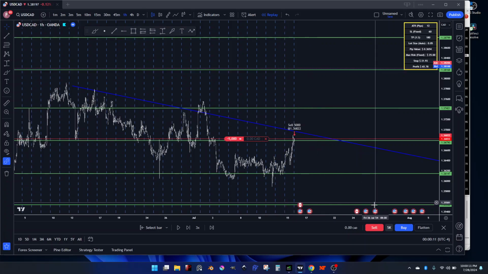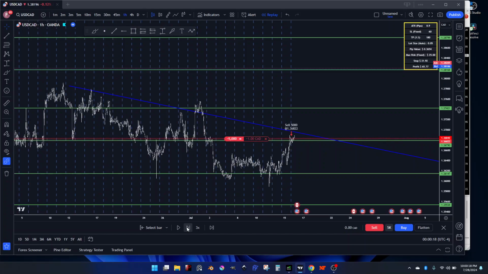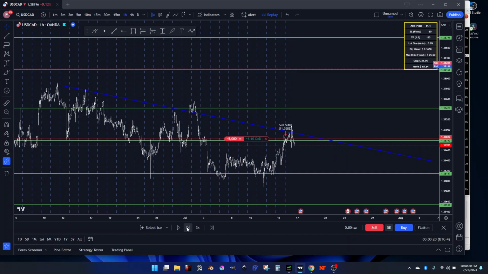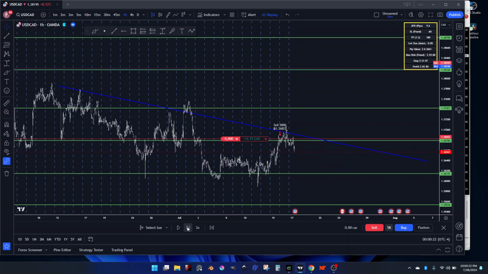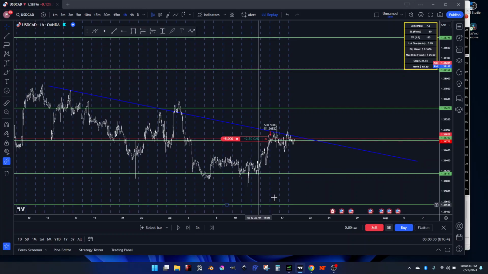And then what we're going to do is once price reaches that next level, we're going to try to target level to level. So we're going to try to set our target one level ahead of where our position is.